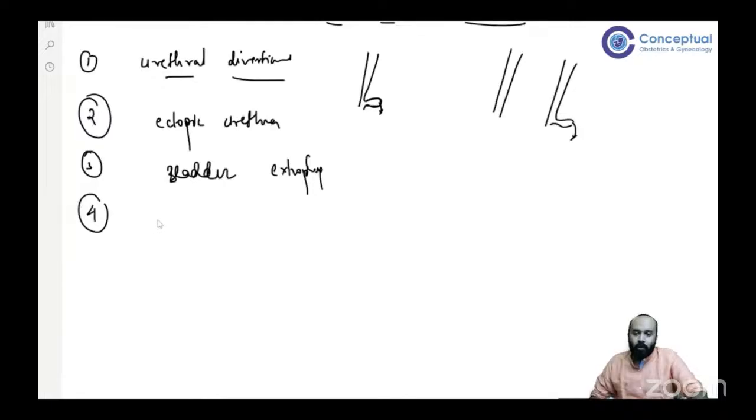Apart from that, you can have a urethral fistula, or urinary fistula is a better term. So what can be various types of fistula that we have read before?